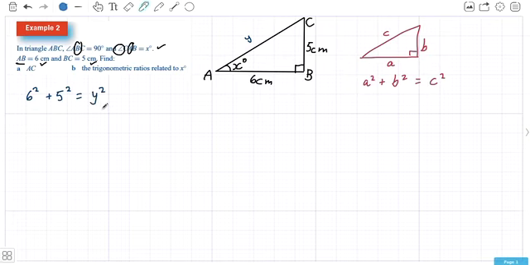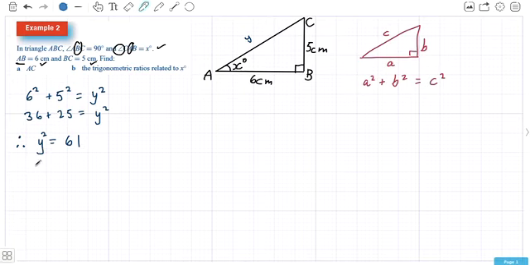So what you're going to want to do there is use your calculator or however you want to do it, and we actually end up with 36 plus 25 equals y squared. So therefore, y equals, normally it would be plus or minus the square root of what you have when you do square roots, 61.